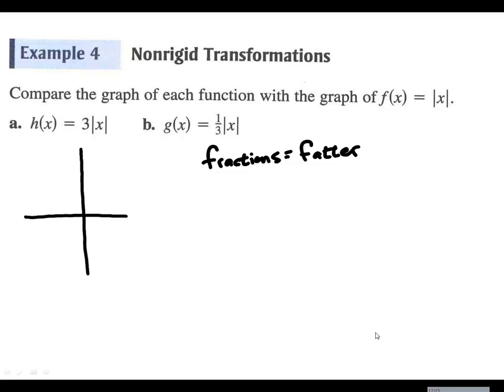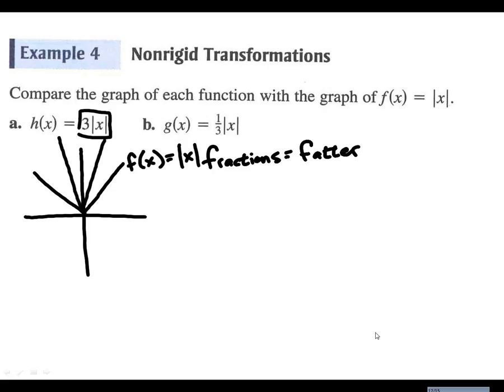So if our original absolute value function looks like this, this is f of x equals absolute value of x. Then this function is going to be much steeper. Whereas this function will have a slope of 1, this function will have a slope of 3.